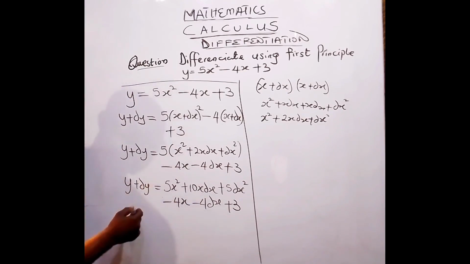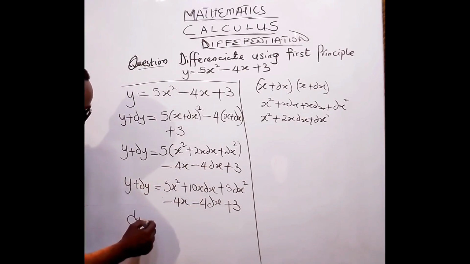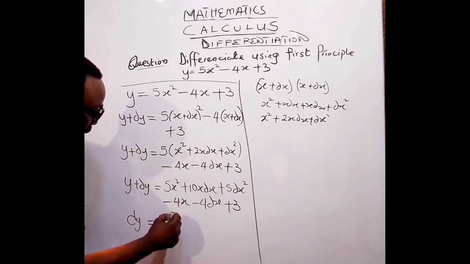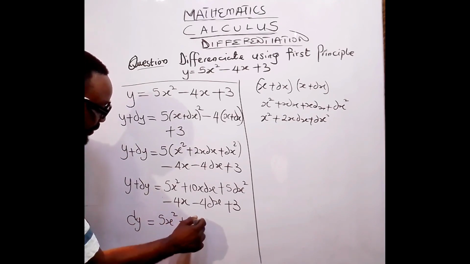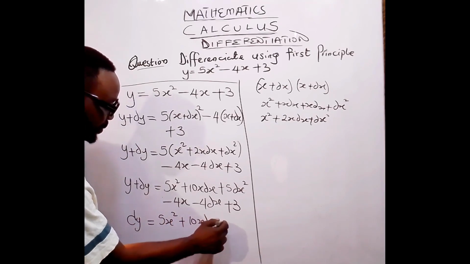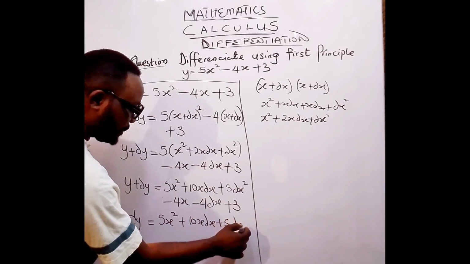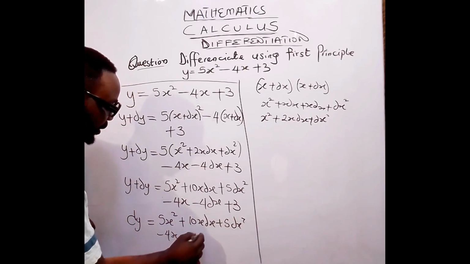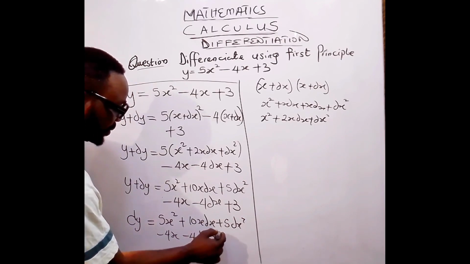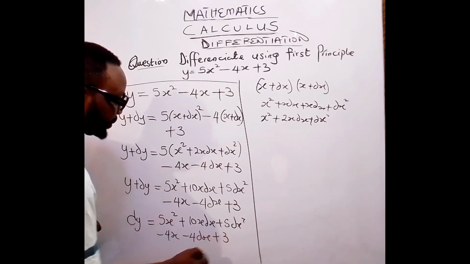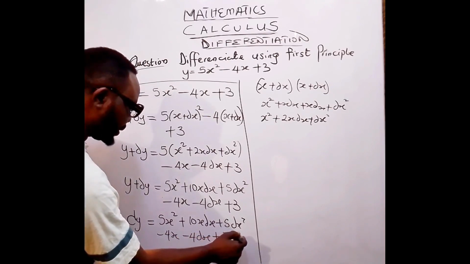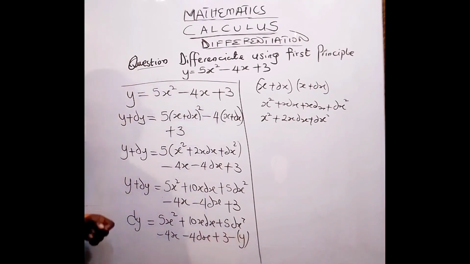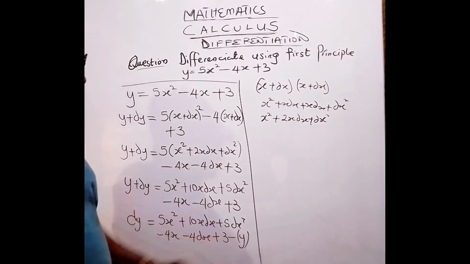So delta y will be equal to 5x squared plus 10x delta x plus 5 delta x squared minus 4x minus 4 delta x plus 3 minus y.